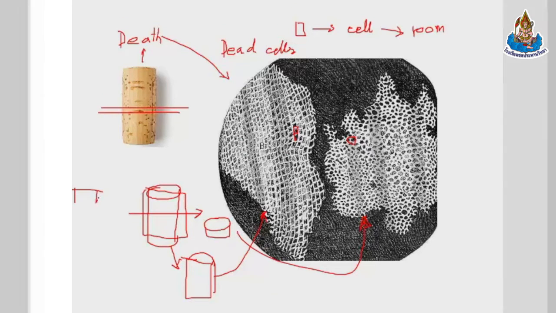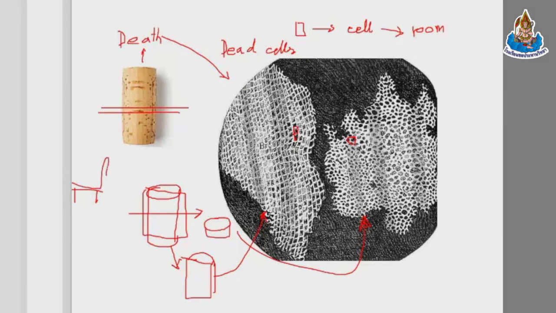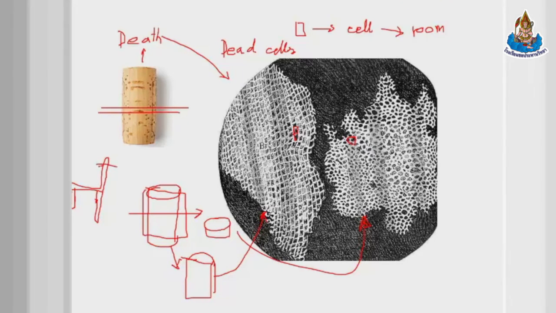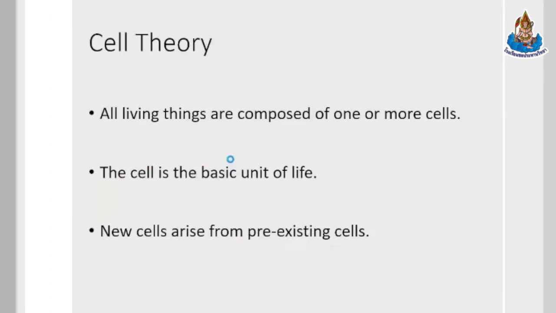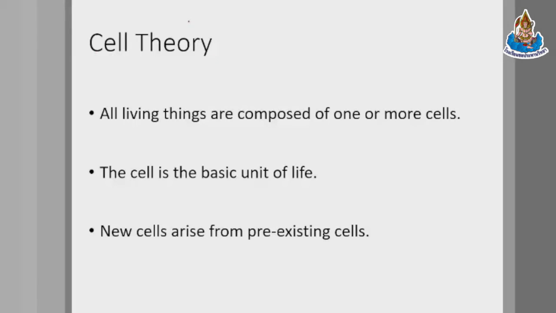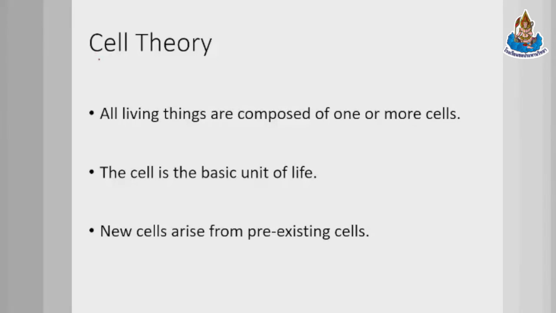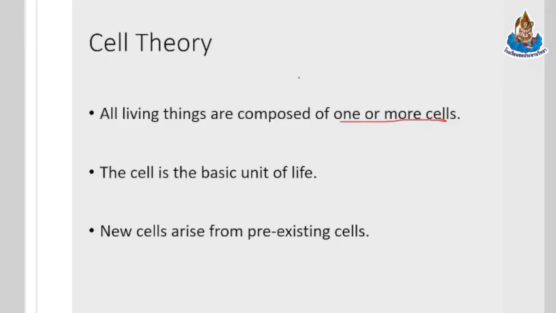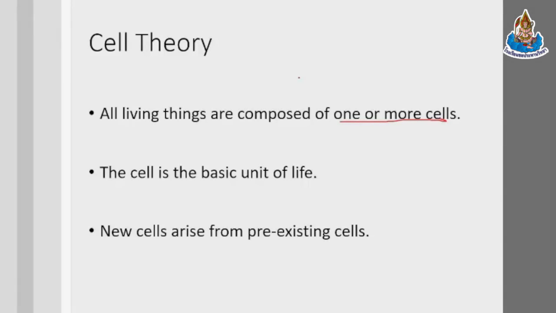And then they made the cell theory. First, all living things are composed of one or more cells. Then, the cell is the basic unit of life. And new cells arise from pre-existing cells. All living things are composed of one or more cells.